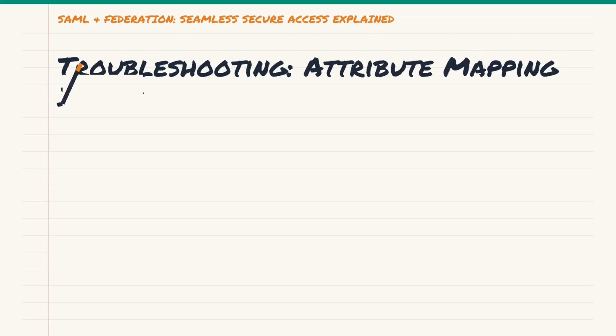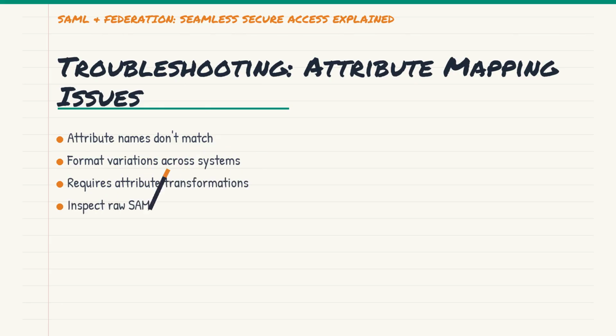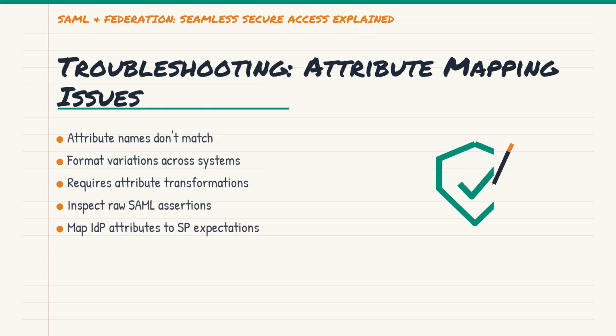Attribute mapping is another area ripe for error. The IdP sends attributes in a specific format and name, but the SP is expecting them differently. For instance, the IdP might send an OID like 0.9.2342.19 to 00300.100.1.1 for a user ID, while the SP is looking for name ID or a specific email attribute.